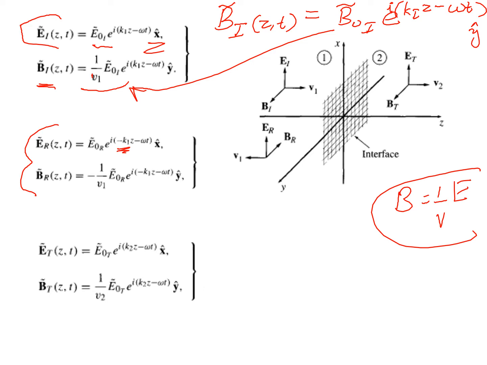So E_R is equal to E_0R e to the power i(minus k1 z minus omega t). Here you can see it was plus k1 for the incident wave. Here it is minus k1 because after reflection it travels opposite to the incident one. That is why this minus k1 z minus omega t, and that itself is in the x-hat direction, the same.